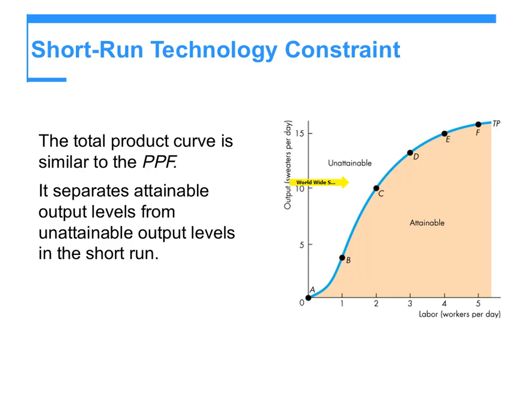Anything under the income curve was possible. Anything beyond that was not possible. The same thing applies here. Anything beyond the total product curve is not possible, and under that, within that, it's possible. So it separates attainable output levels from unattainable output levels in the short run, as you can see here.